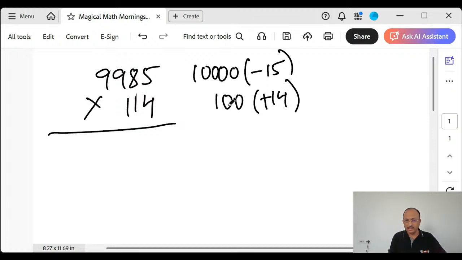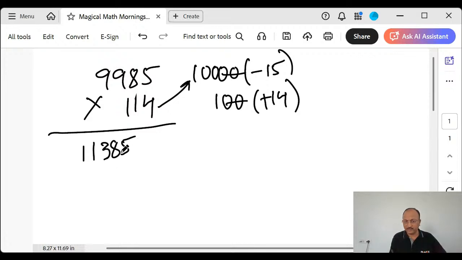So what is the cancellation? Two zeros are there. Some confusion has come, because what we are going to do, I'm going to multiply the smaller number with the remaining zeros. 11400. From that, here minus 15 is there. Therefore, I have to subtract. 11400 minus 15 means what?